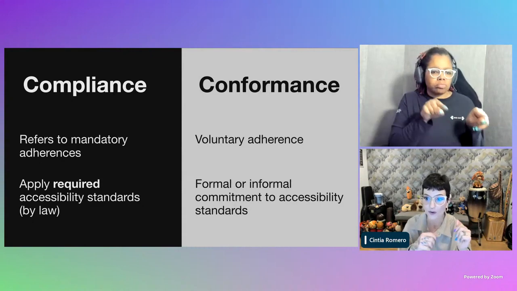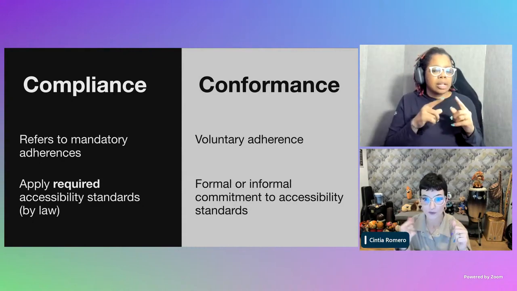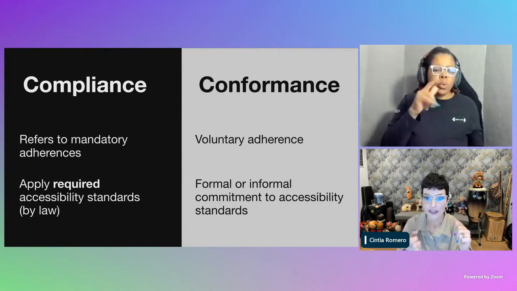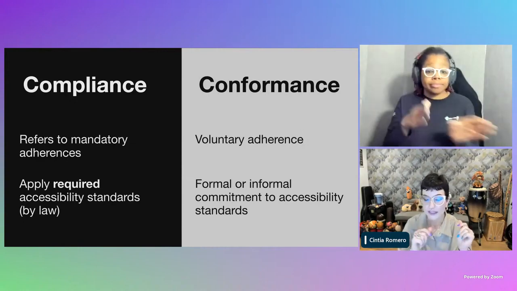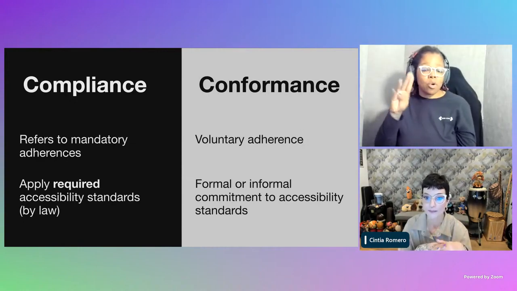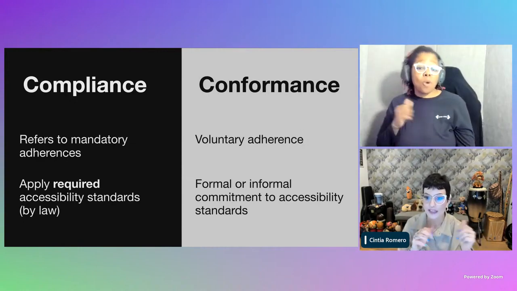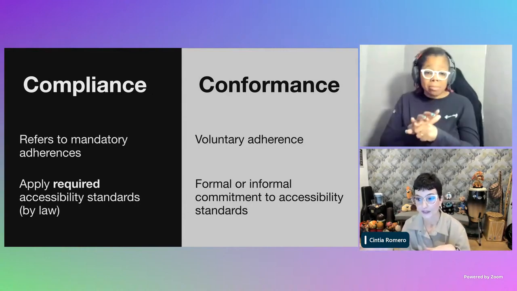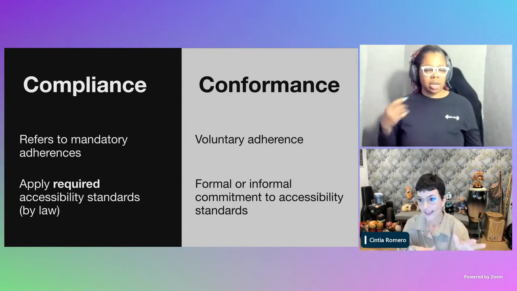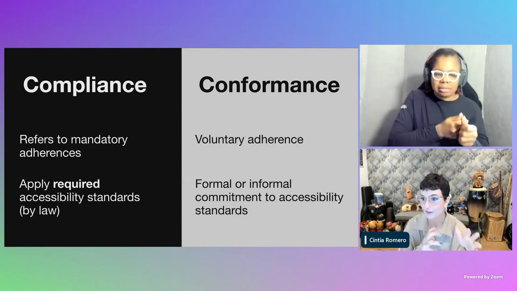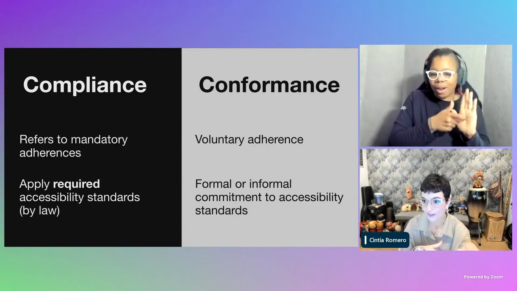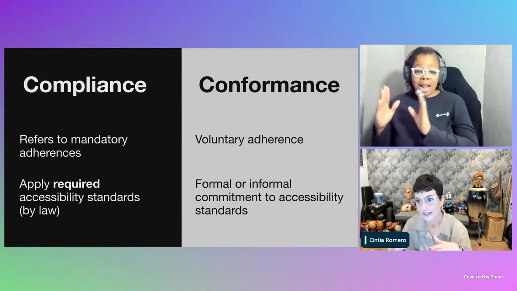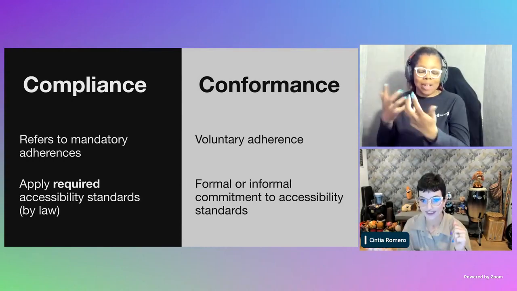It's based on local, state, and federal laws. On the other hand, conformance is a formal or informal commitment to accessibility standards in a voluntary way. So let's think about compliance as something that is mandatory and required, and conformance as something that is voluntary.